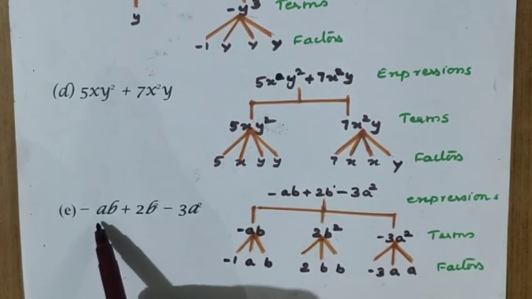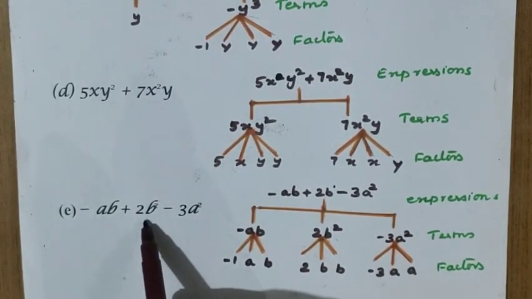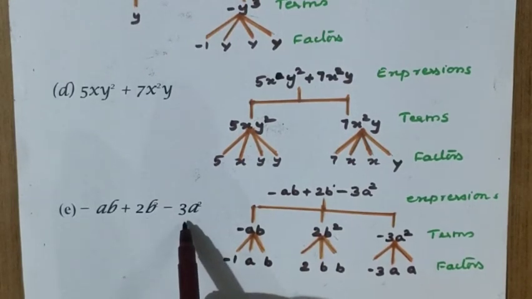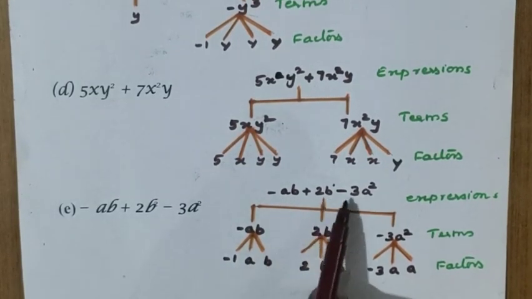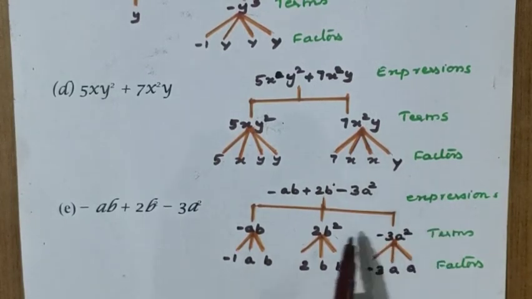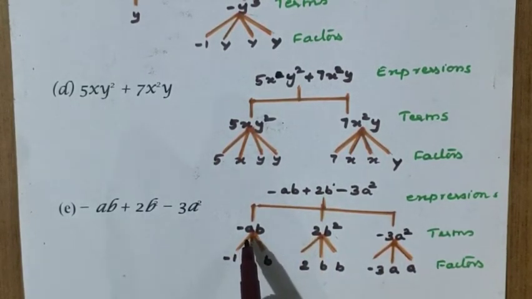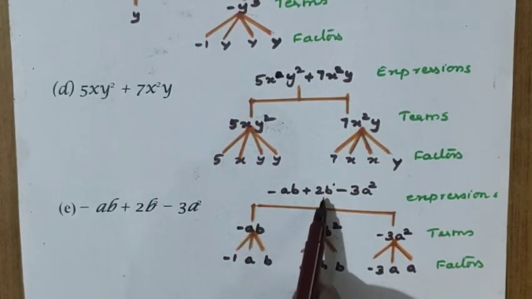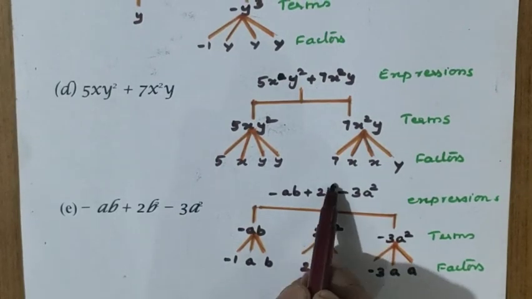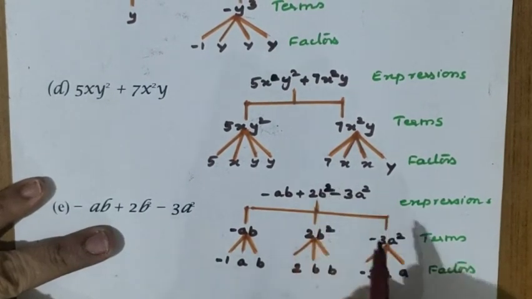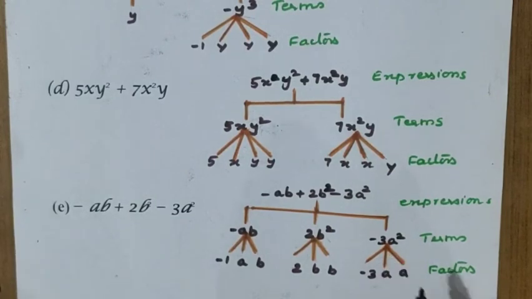Now what is the next question? Minus ab plus 2b square minus 3a square. Minus ab plus 2b square minus 3a square is our expression only. What are the terms and factors for this one? Minus ab is the first term, 2b square is the second term, minus 3a square is the third term.